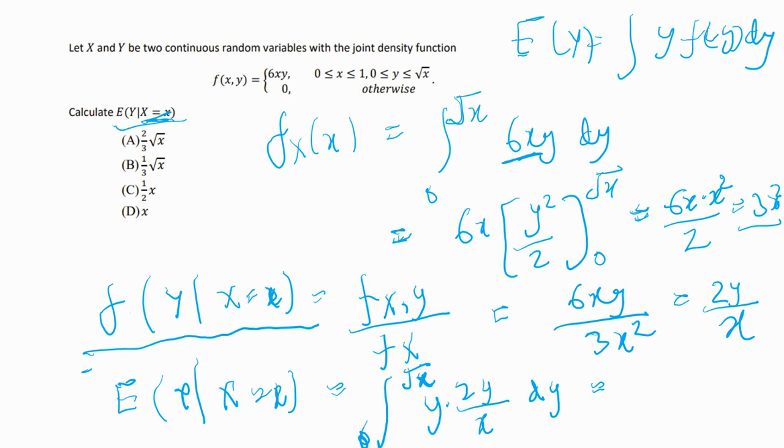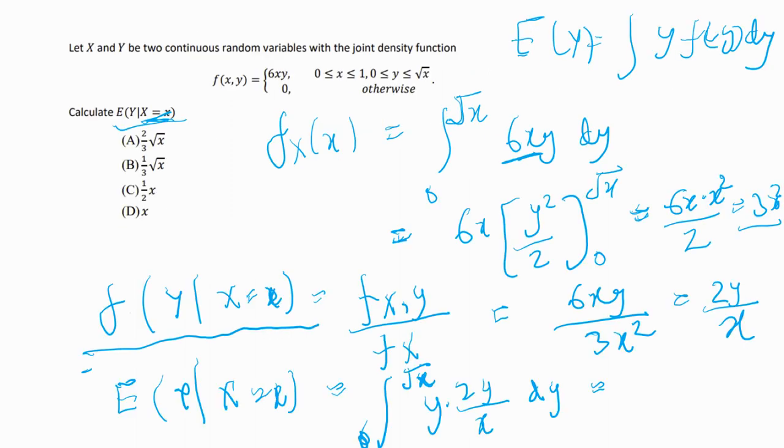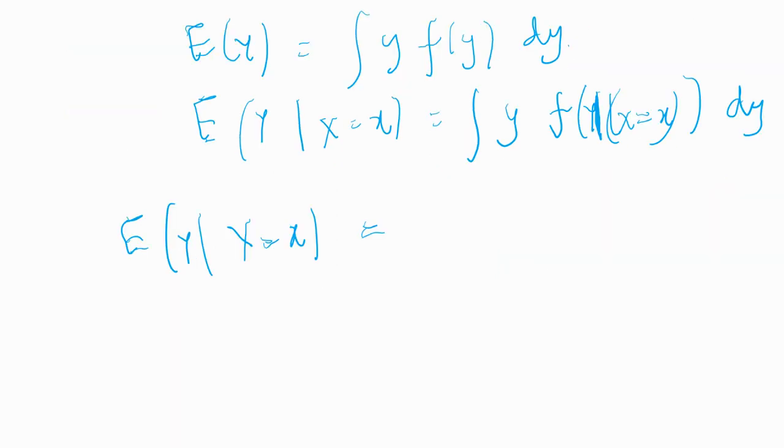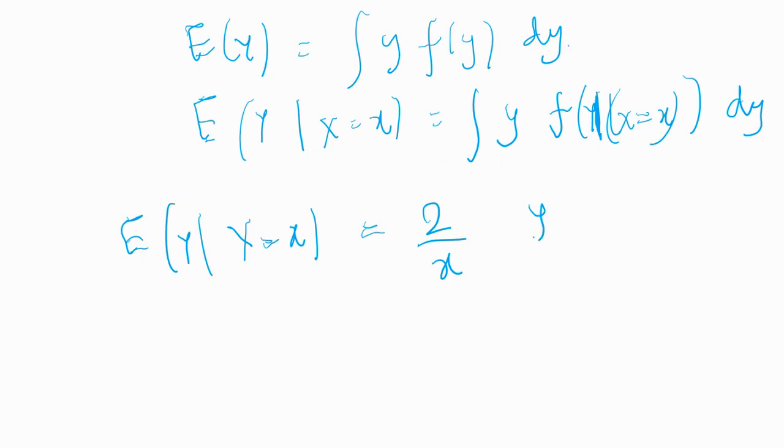Okay, now we can solve it. The expectation of y given x is equal to x will be the integral of 2y square upon x. So 2 by x is constant, y square gives y cube upon 3, and the limits are 0 to root x.